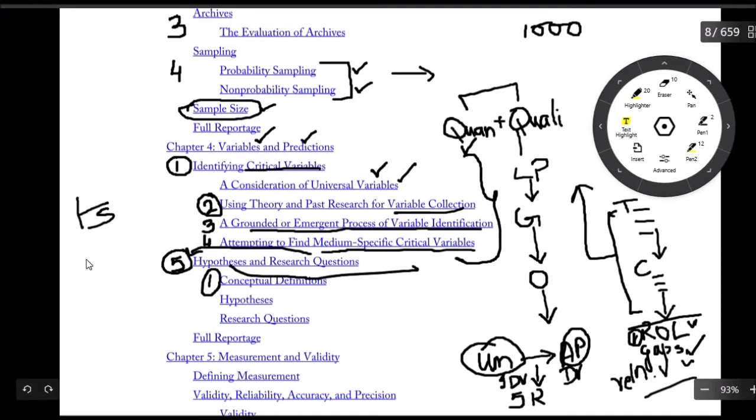The first thing that you come up with is the conceptual definitions, and that's why, if you remember, I made it very clear that whenever you are into content analysis, always remember these two things are coming in.